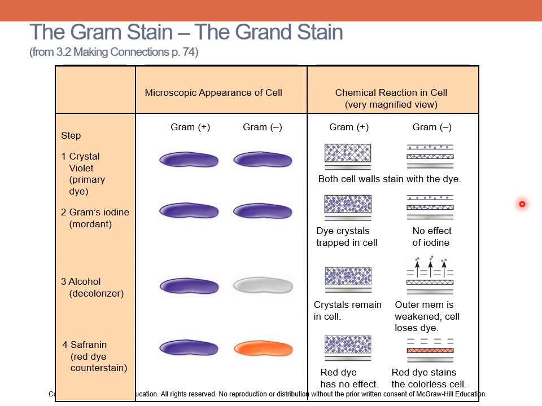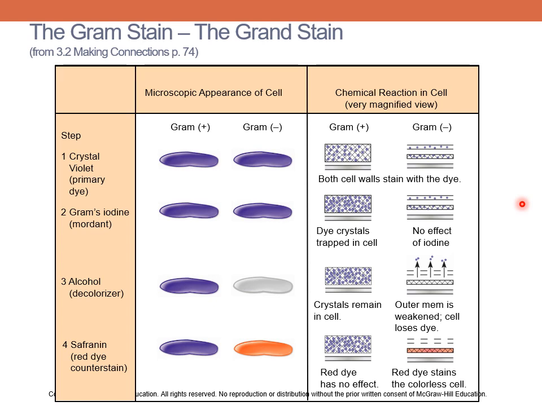What makes this a differential stain and allows us to see the two types of cells on one slide is the decolorizer step. This step removes the stain from those cells that are negative for the differential stain. In the case of the Gram stain, alcohol is added to the slide.